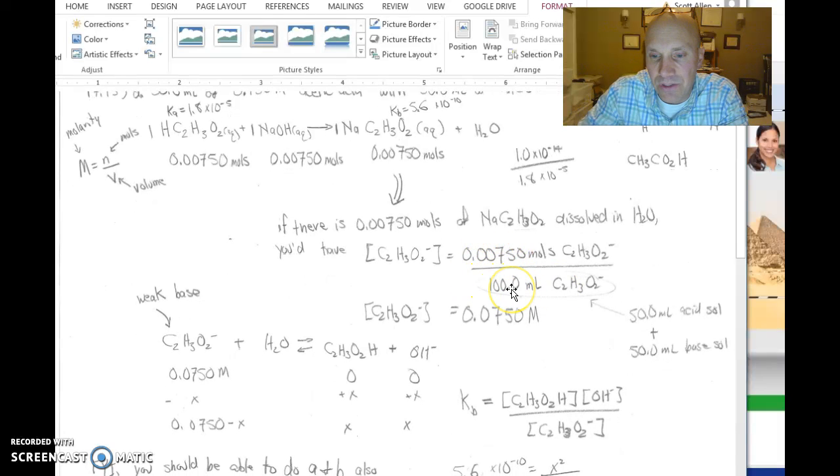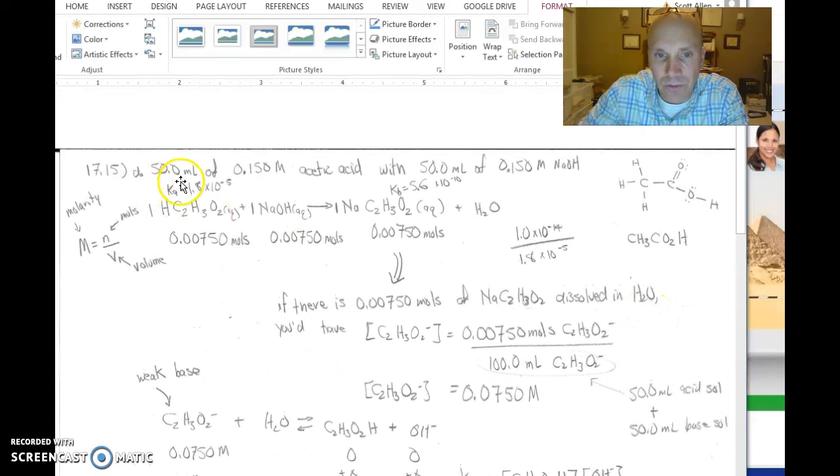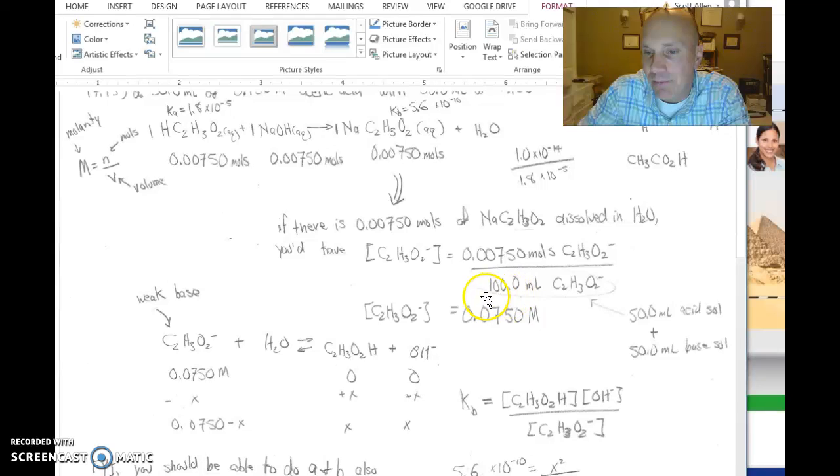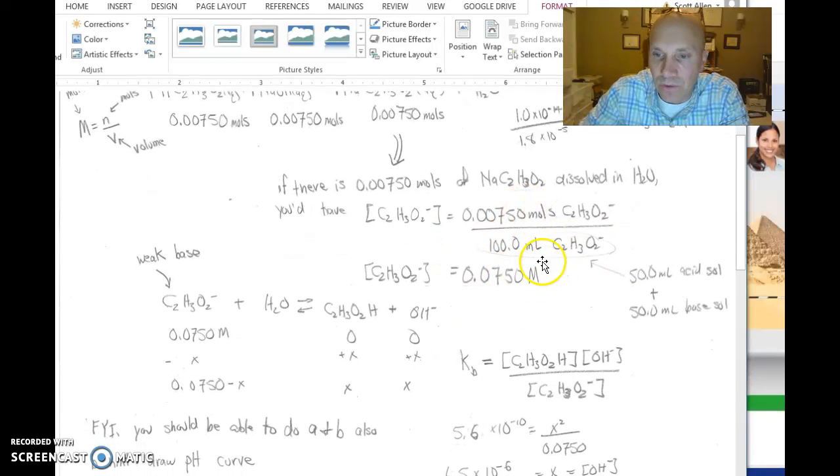All right, and this would be in a total of 100 milliliters. And again, that's going to come from adding up the total amount of volume. Remember, you've got 50 milliliters of your acid solution, 50 milliliters of your base solution. That makes a total of 100 milliliters of solution. All right, so we could do a little bit of math here. You should get 0.075 molar of the acetate ion.